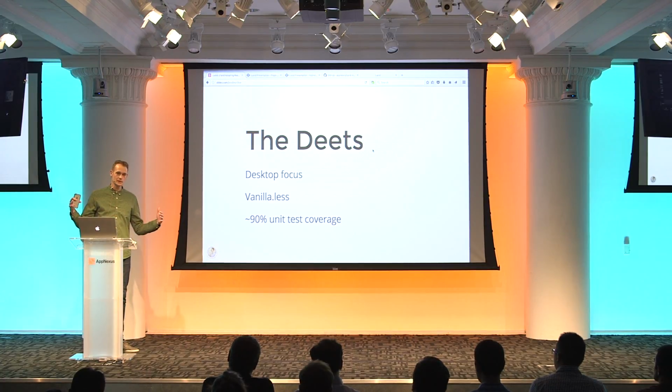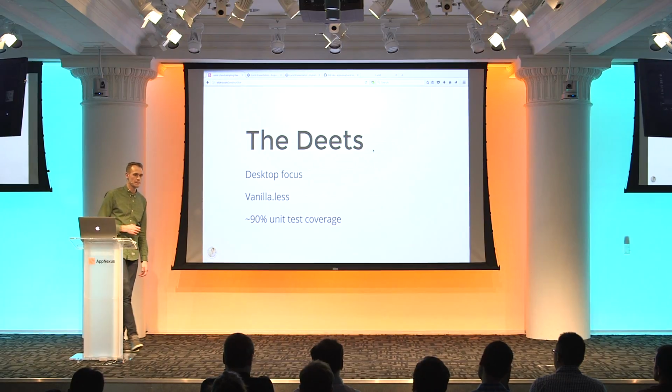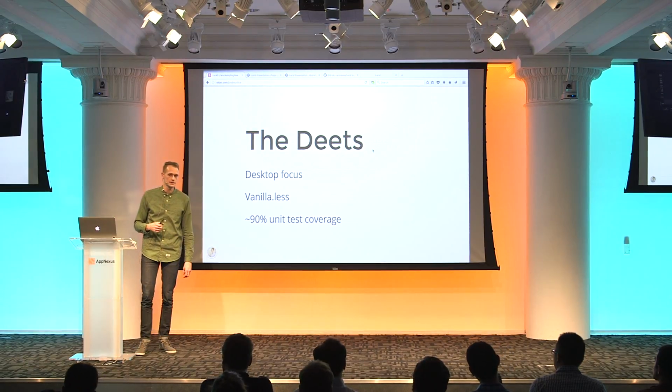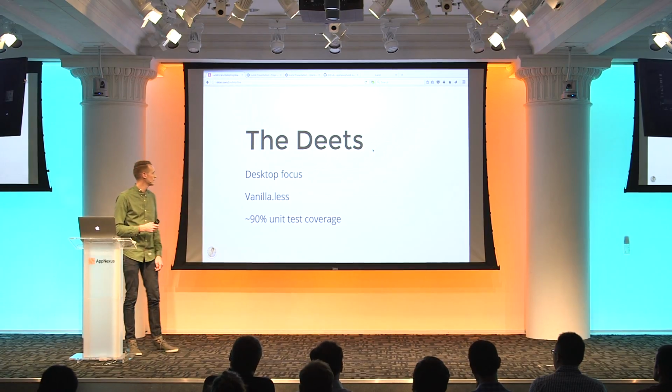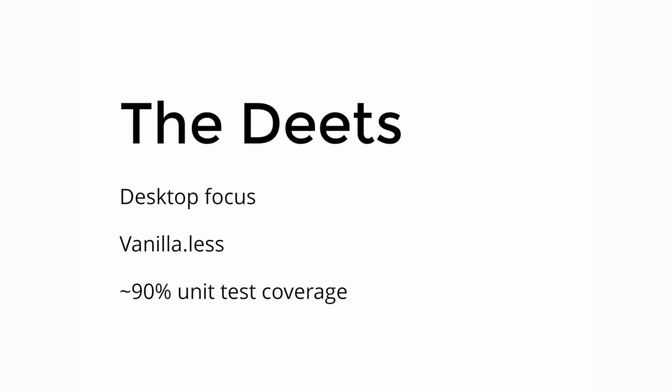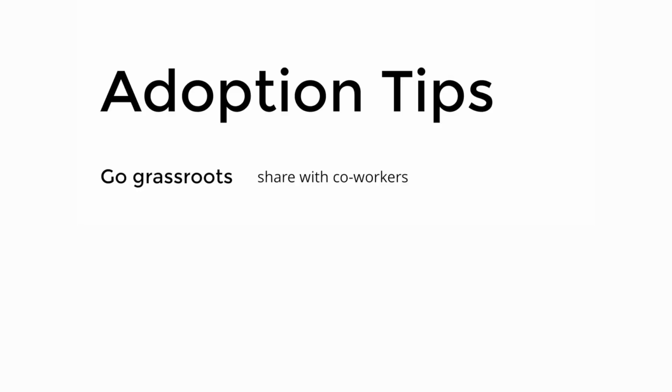We do our own namespacing, sort of similar to a SMACSS or a BEM approach for styles. So all our components are scoped by name, so they won't stomp on your existing styles. Another thing we're really proud of is we have 90% unit test coverage. So we spend a crap ton of time writing tests and testing across browsers. So that's some of the details about it.